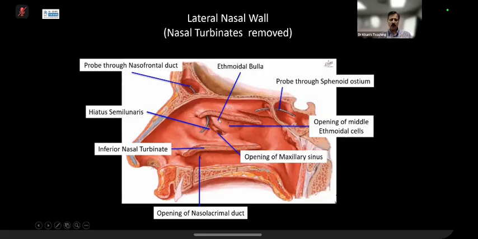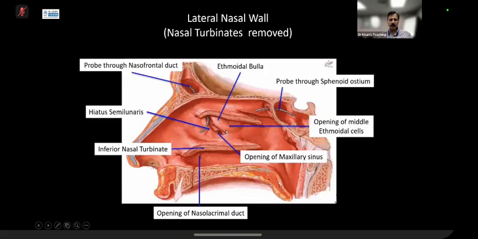It projects into the middle meatus. So please remember, on a coronal CT scan, it can be seen beautifully, and I'll show you. Now, through the ethmoid bulla, the middle ethmoid air cells also drain into the hiatus semilunaris.